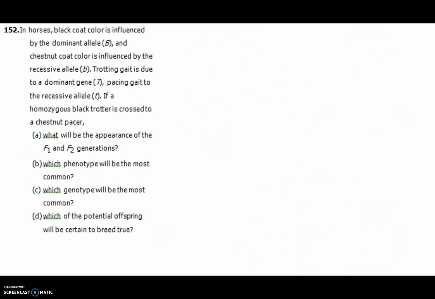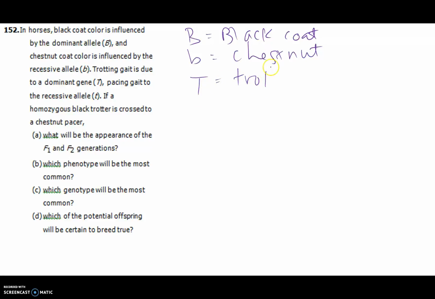Now in horses, black coat color is influenced by the dominant allele, and a chestnut is influenced by the recessive. Okay, a trotting gait is due to a dominant gene, and a pacing gait is due to a recessive.